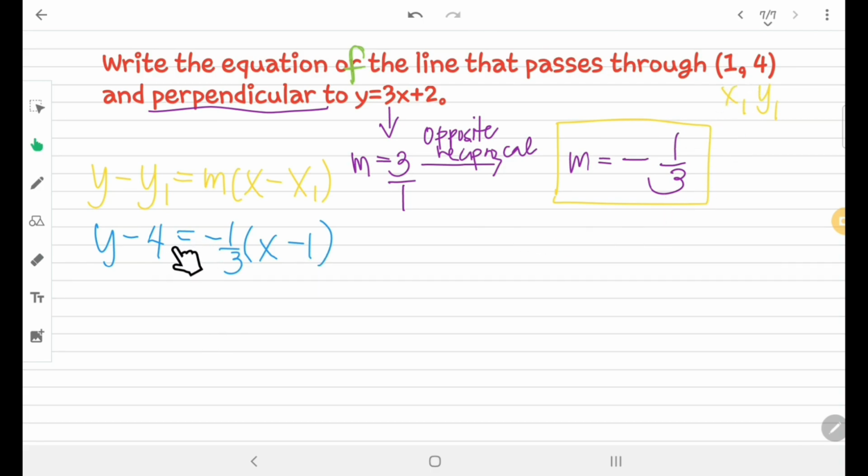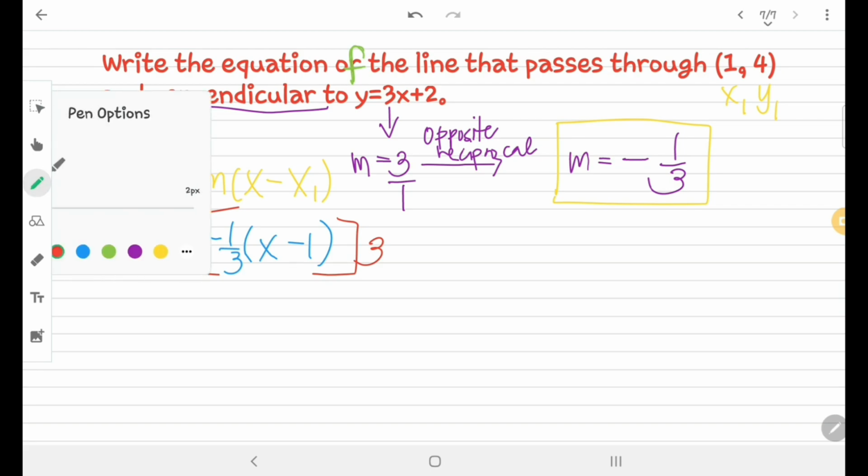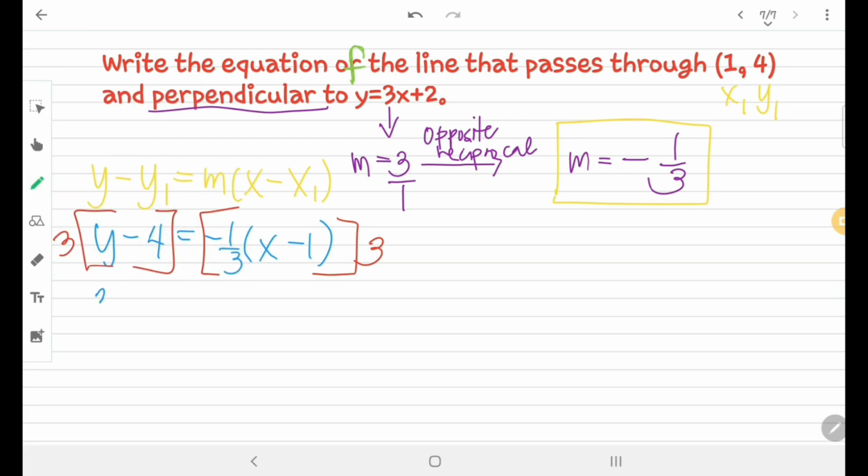So, dahil gusto kong standard form, I will be multiplying both sides by 3 or -3 kung ano gusto. Pwede din naman. Not yet the final answer. So, makakancel to. Then we will be distributing it. So, we have -x + 1 and then 3y - 12.